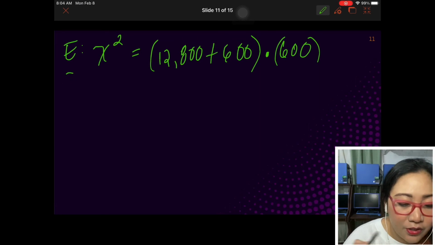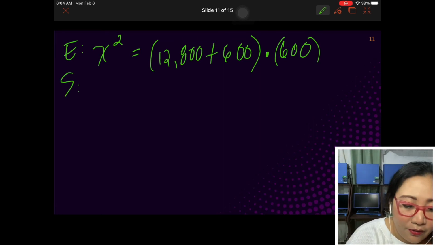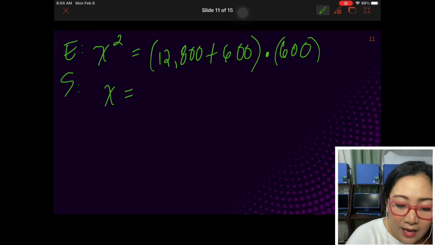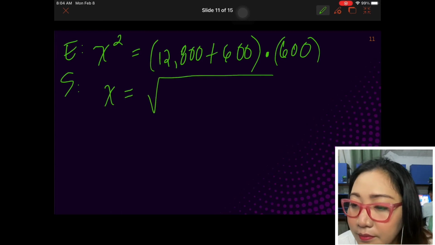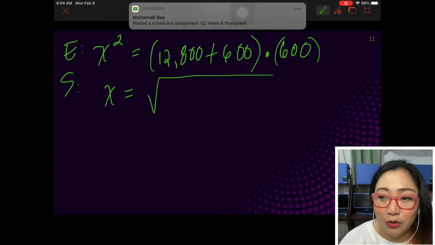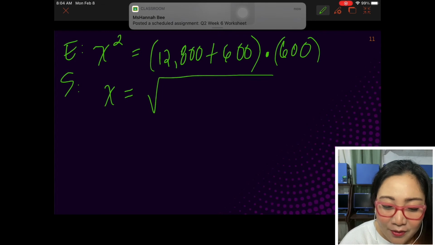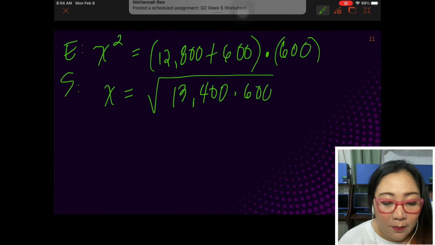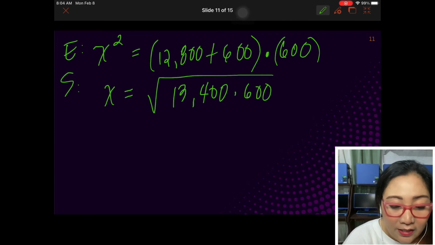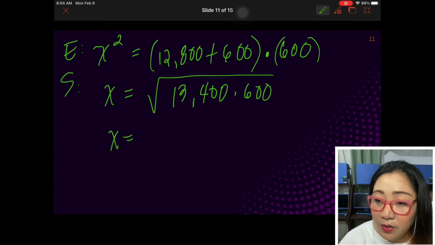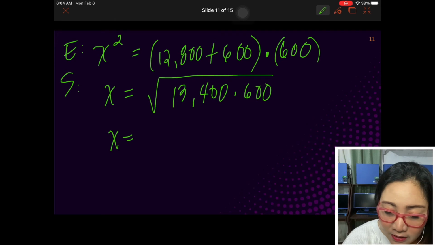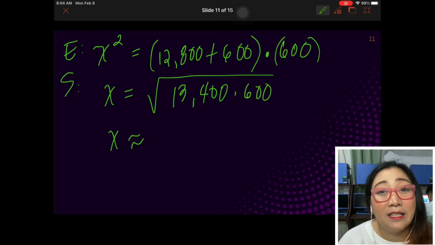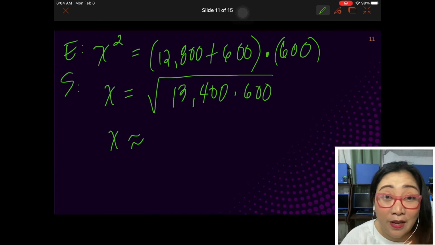And then, of course, we will now solve. Now, if we will solve this, syempre, kailangan ko ng calculator ko, no? So, you will have 13,400 multiplied by 600. Tapos, kukuhanin natin ang square root niyan. Now, if we are going to calculate, we will now have an approximate value of, so, bakit approximate value? Kasi nire-round off natin siya. So, approximate value lang.